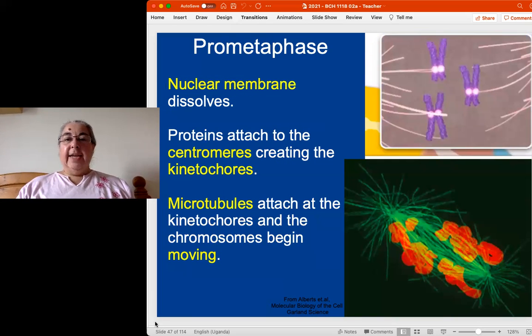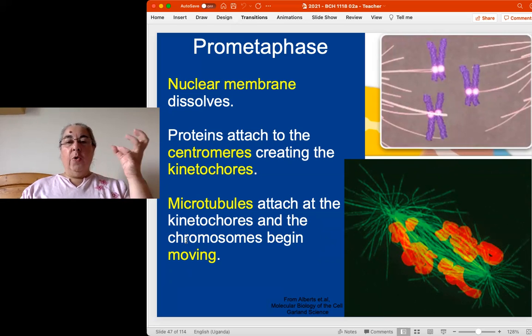The next stage is prometaphase, and this is the stage where the nuclear membrane disappears. So the chromosomes are no longer inside the nucleus, they're no longer separated from the cytoplasm of the cell. Remember that the nuclear membrane is made of a lipid bilayer with lots of proteins in it, especially the nuclear pores.